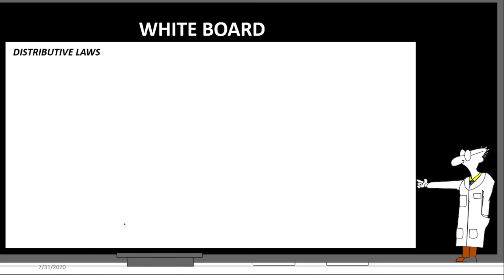We're going to learn the distributive law. The distributive law is the same as what we learned when doing mathematics.